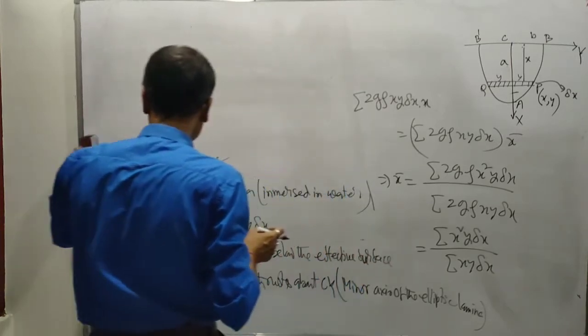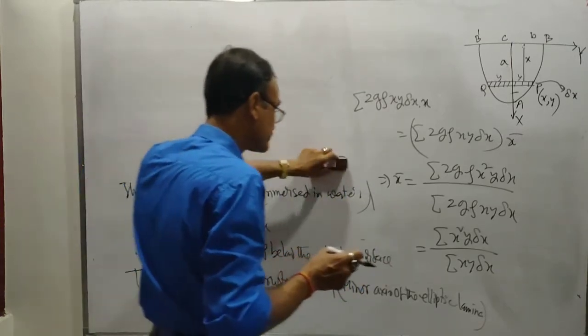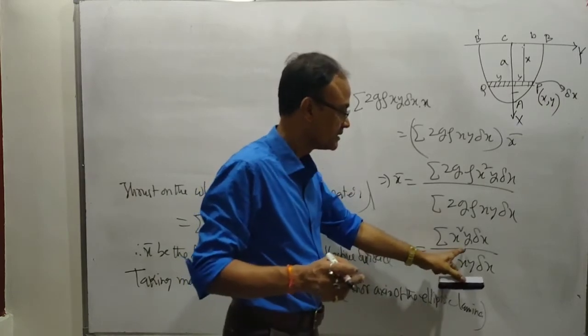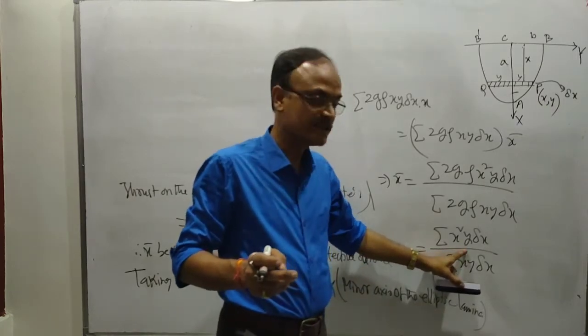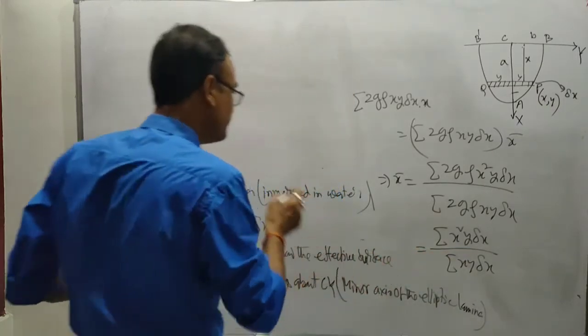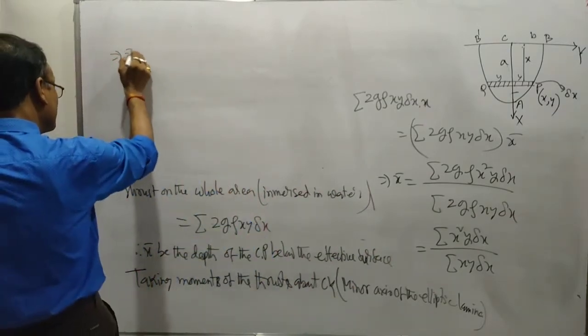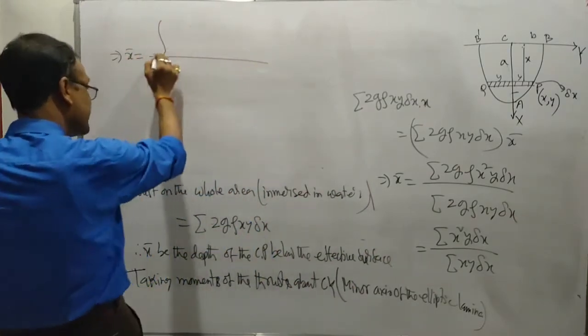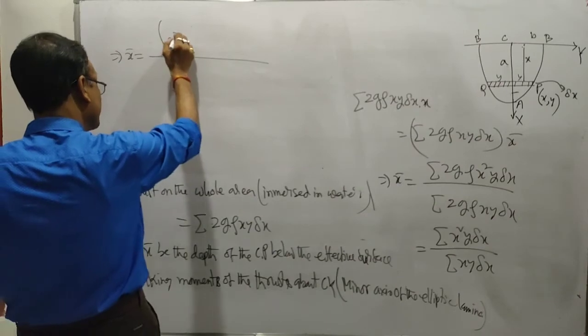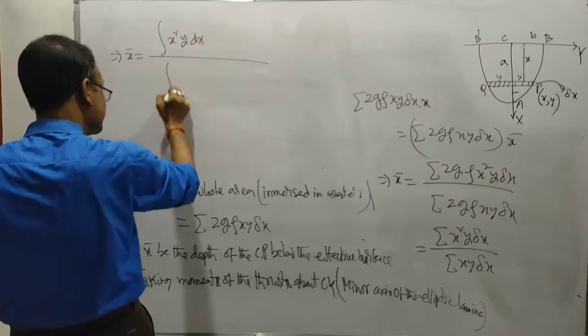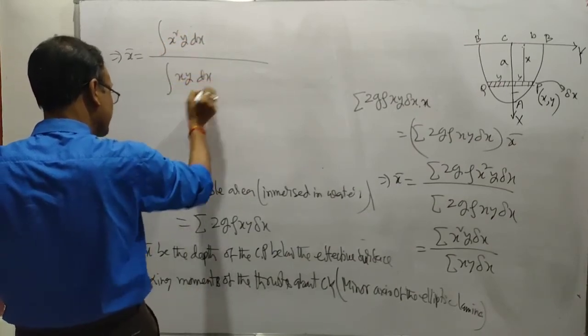We are to find x bar. Convert it to the integration side. This means x bar equal to integration x square y dx over integration xy dx.